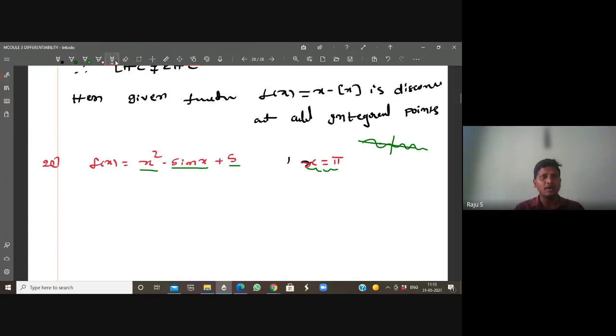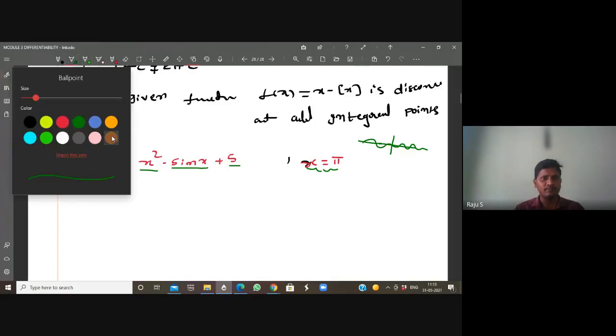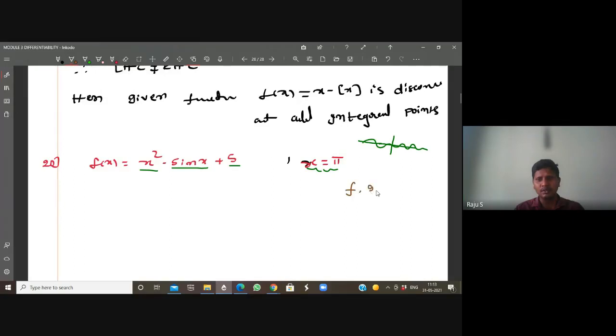So we already discussed the property of continuous functions. For example, if f and g are any two continuous functions, I said very clearly f plus g, f minus g, f into g, f by g are also continuous.